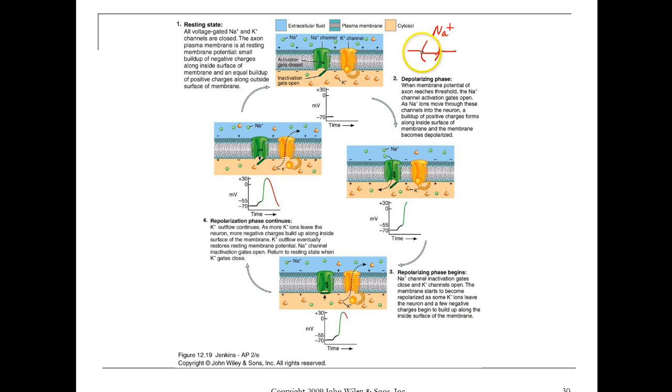Sorry guys, I'm having fits with this new writing device. We have what's called our activation gate. Our activation gate is closed, and our inactivation gate is open. When you activate this voltage gated sodium channel, the activation gate will open up.